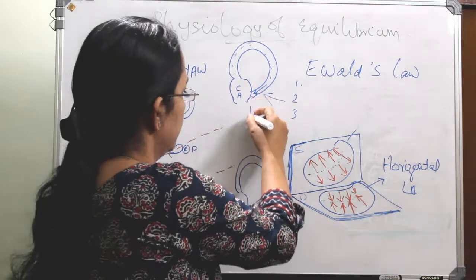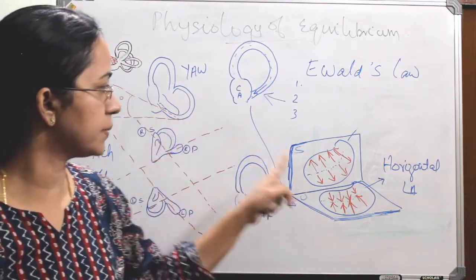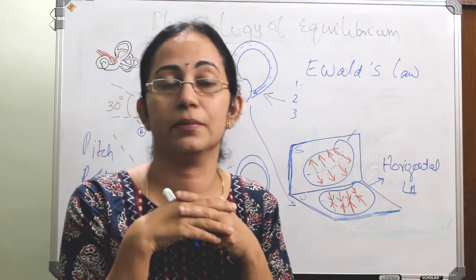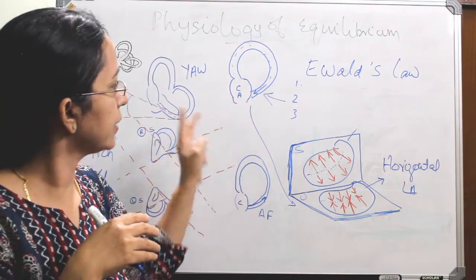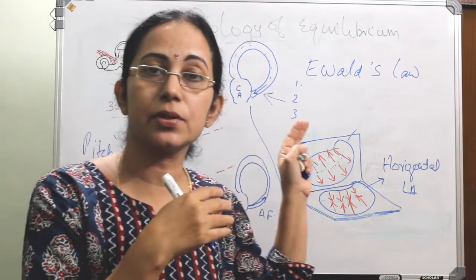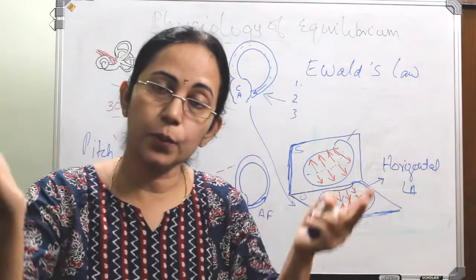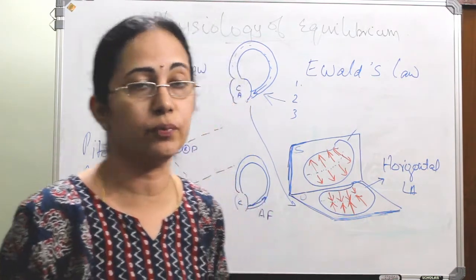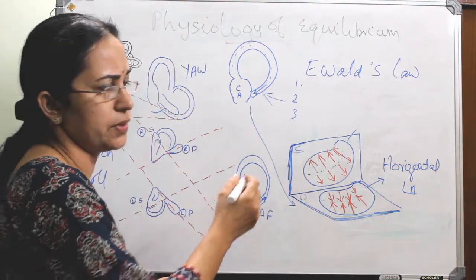Because these two, that is horizontal semicircular canal and the utricle, are very much in close relationship. The lateral semicircular canal is sitting looking towards the utricle, and an ampullopetal flow causes much more excitation than an ampullofugal flow. Right? It's very simple. Okay. So that's the second observation.